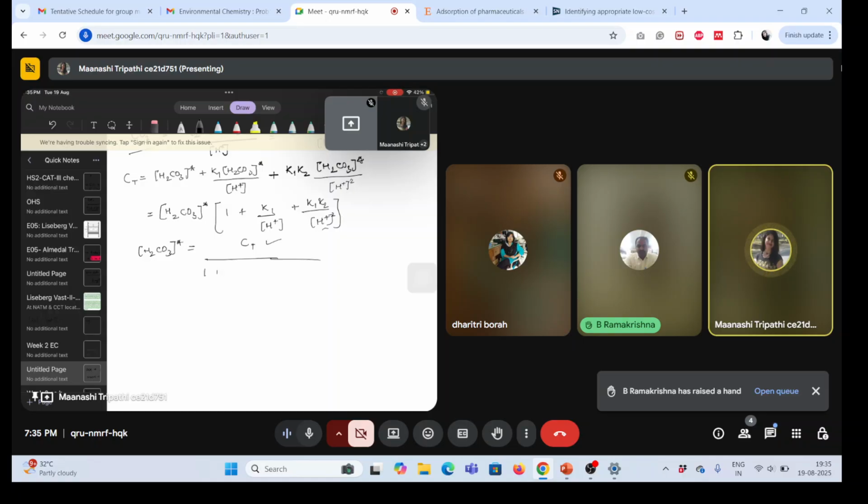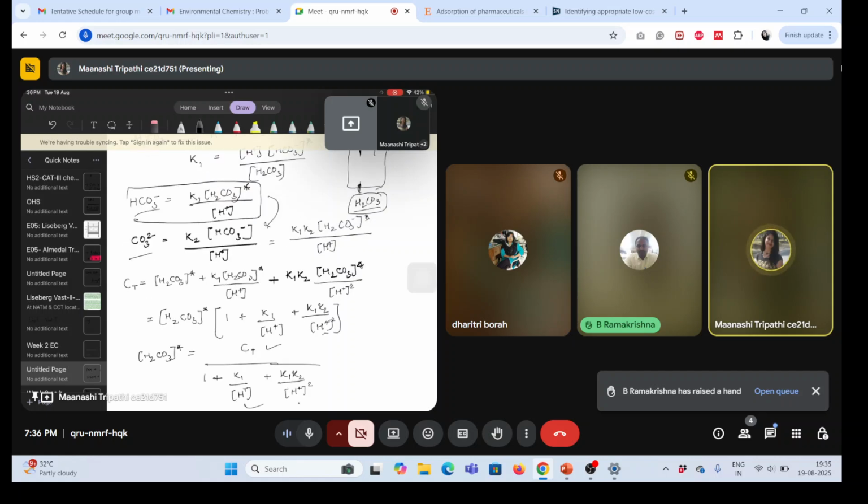We know CT, and K1 K2 we already know, 10.3 and 6.3 for the carbonic acid system. Pardon my bad handwriting. So we know CT, H plus, K1 and K2, so it's very simple to find H2CO3, and simply we can find HCO3 from this equation.